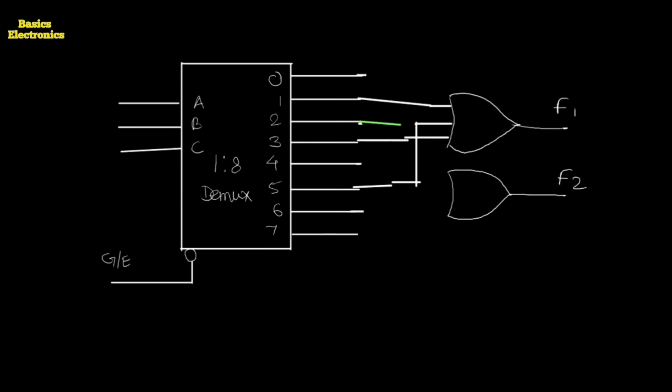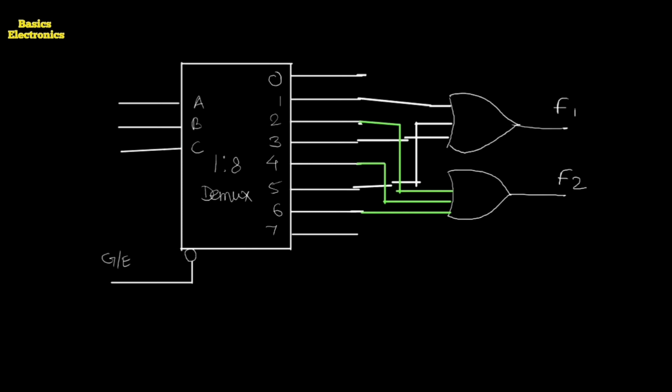Second line is here, then fourth number is here. Then last one is the sixth number line. So in this way, we can implement the given logical equation by using the OR gate.